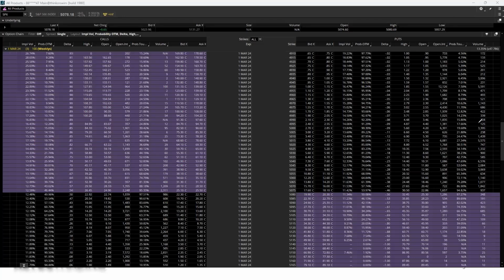So what we generally look for is for volume to exceed open interest on a given day. And that is where unusual options activity comes in, because it gives us a clue that the trading in that option contract was unusually high that day.